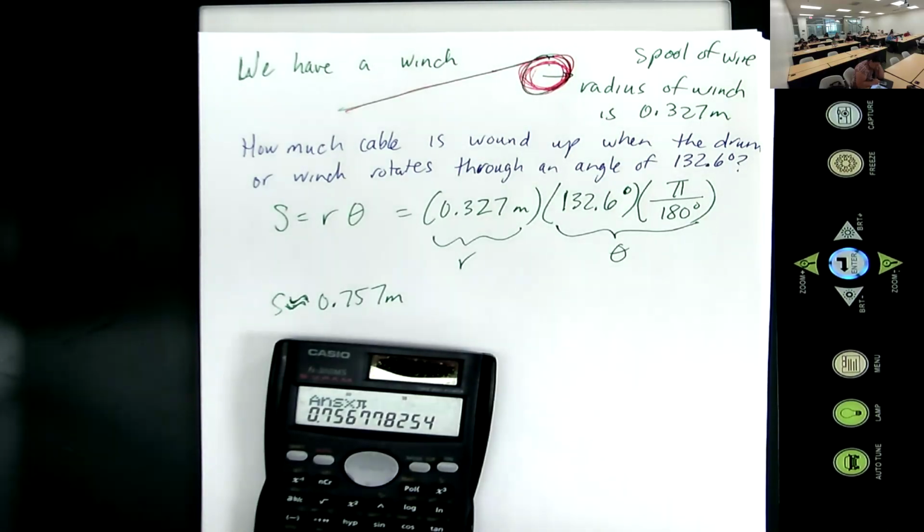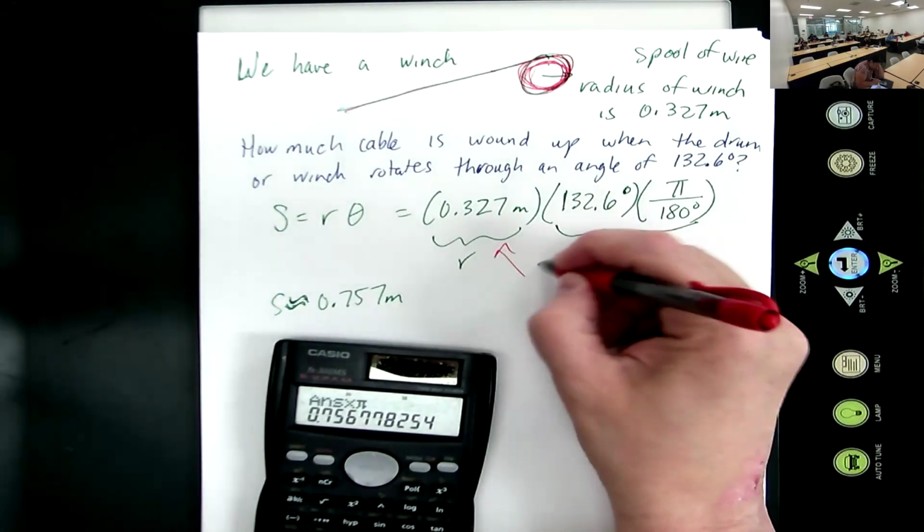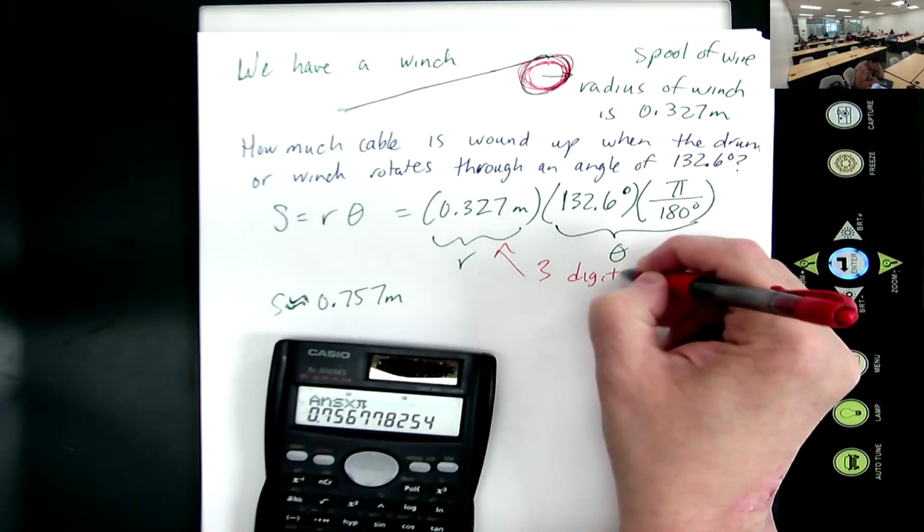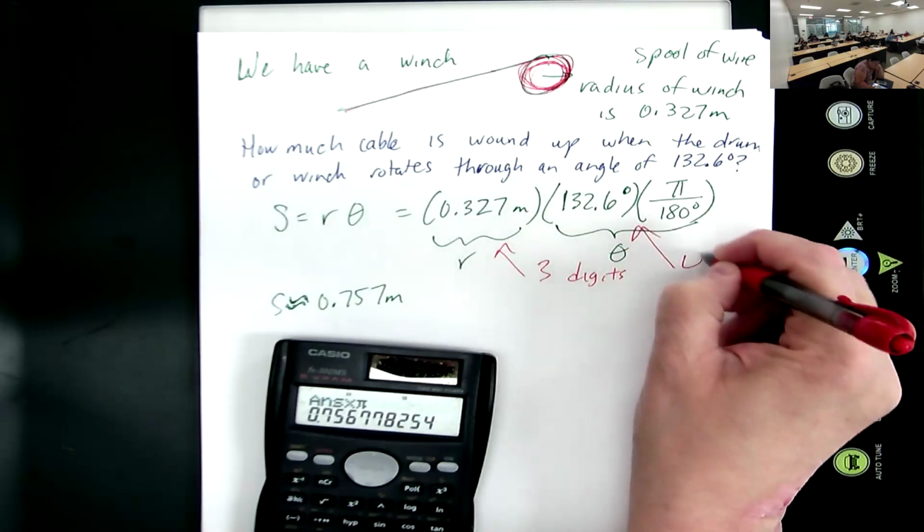And why did I decide to go to 0.757? The meters value had the smallest number of significant digits, so we had 3 significant digits here and 4 digits there, and we use the smaller one.